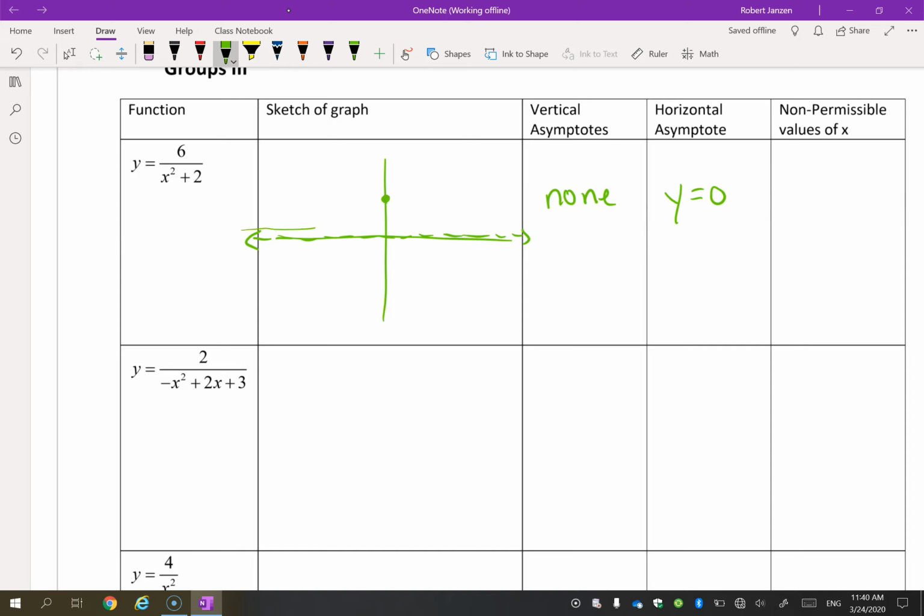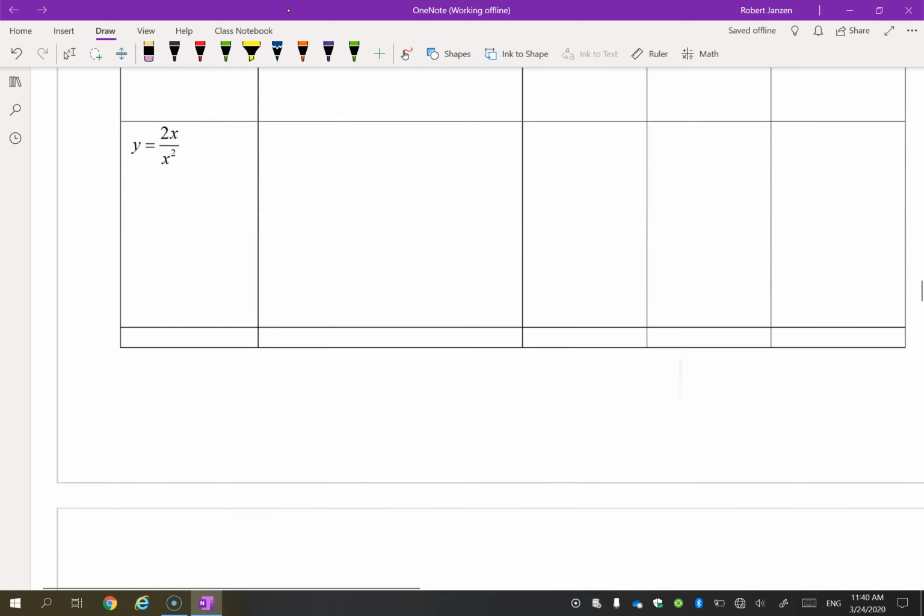I'm pretty sure this is one of those speed bump graphs, but you can check that. What are the non-permissible values? There are none. Why is that? Because x squared plus 2 will never equal 0. There's nothing we can put in there. We can't get a negative 2 out of a square. So try the rest of these.